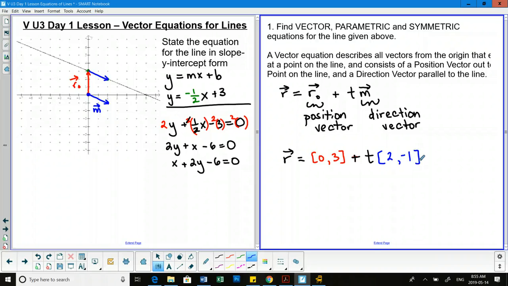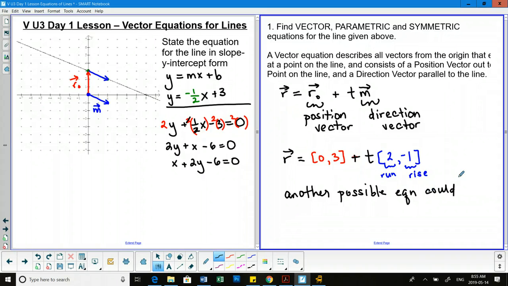So you'll see that the direction vector has my rise as my y value and my run as my x value. This is going to be our rise and our run. Just so you guys know, this is one way that we could express this line, but we could also have other possible equations. Maybe we want to use the x-intercept as one of our points for our position vector.